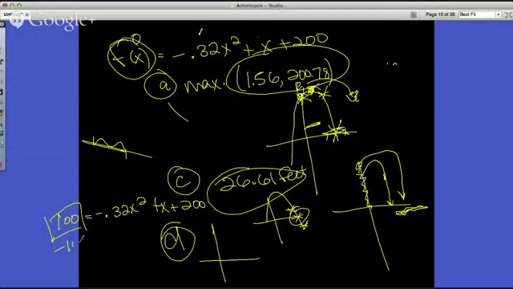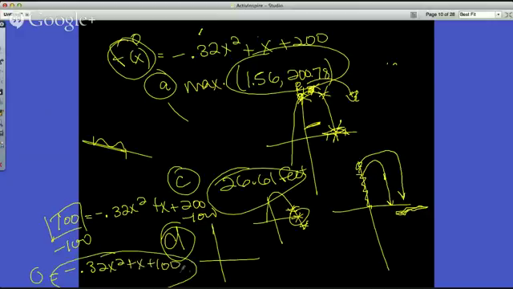Well, if I subtract 100, I have a new equation where 0 equals negative 0.32 x squared plus x plus 100. When we put that in our calculator and solve for the x-intercept, x will be approximately 19.31 feet away from the base of the cliff, okay?